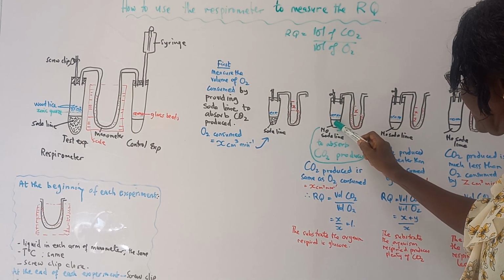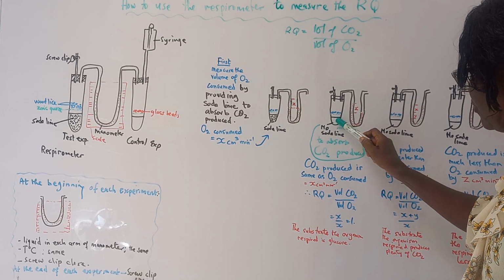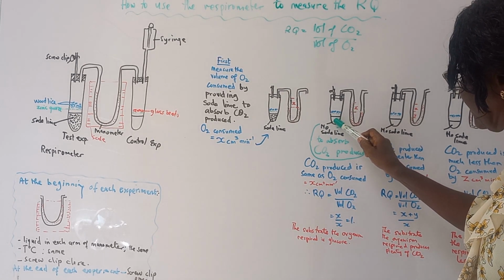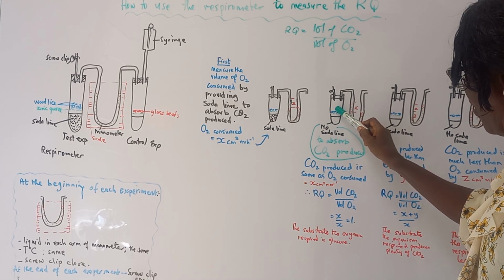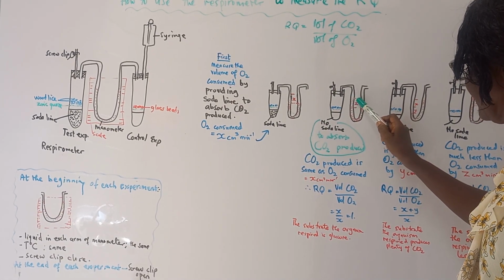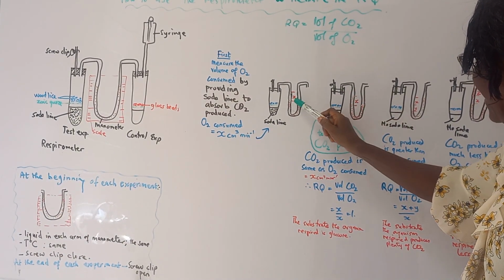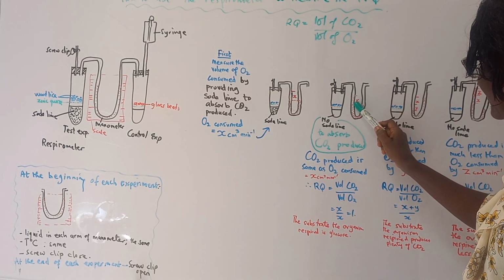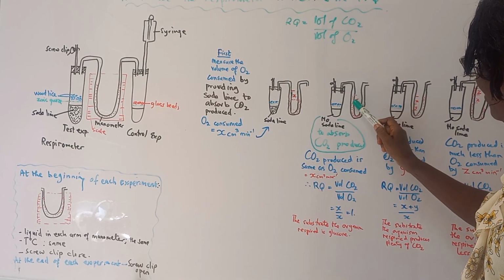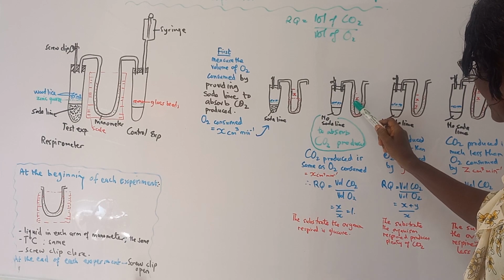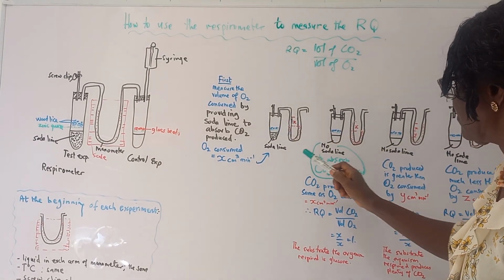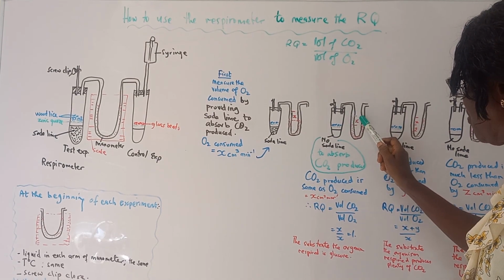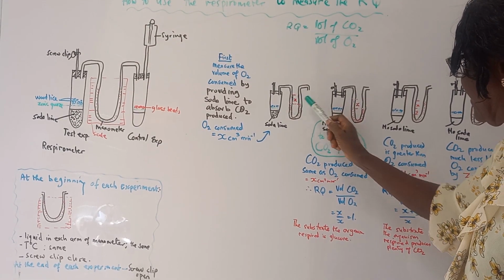Carbon dioxide is produced, and there's no soda lime to absorb it. So if there's carbon dioxide here and no oxygen here, and we have the same level as X, then the X gives us the amount of carbon dioxide, which is equal to the amount of oxygen consumed, because there's no level change here, the same here.